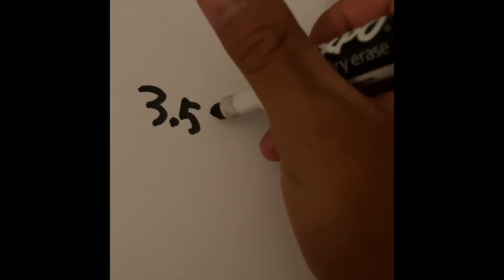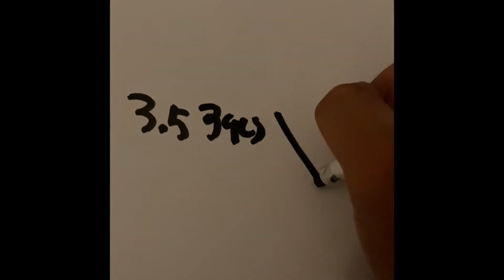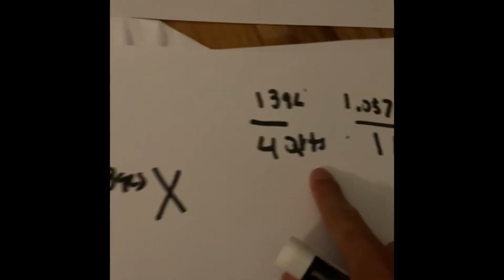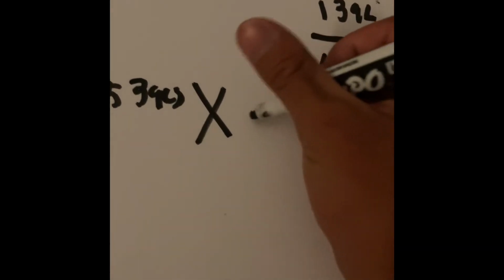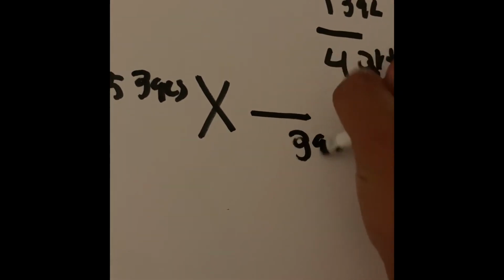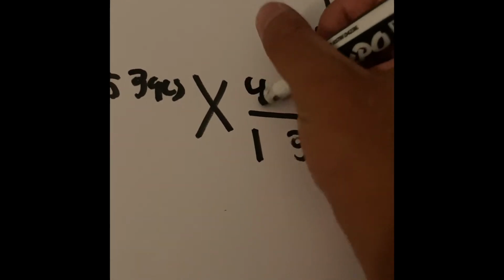So with the math part, 3.5 gallons, we have to multiply that by the first unit. Since we are multiplying by gallons, we have to put gallons on the bottom so they cancel out. So 1 gallon right here, 4 quarts.